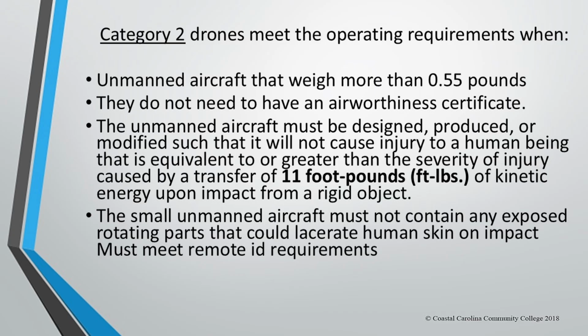So where do you find this category? It is listed on the FAA DroneZone by manufacturer, model, etc. Once again, the drone must not contain any exposed rotating parts that could lacerate human skin on impact. It also must meet remote ID requirements.